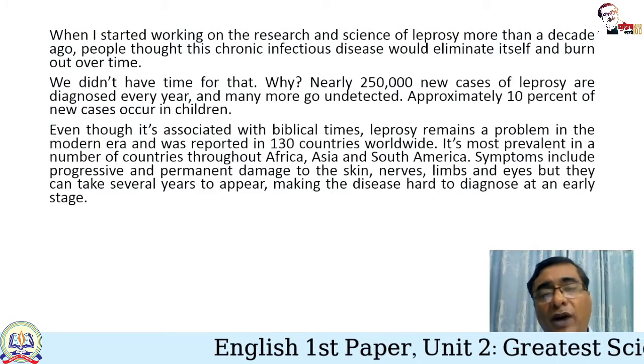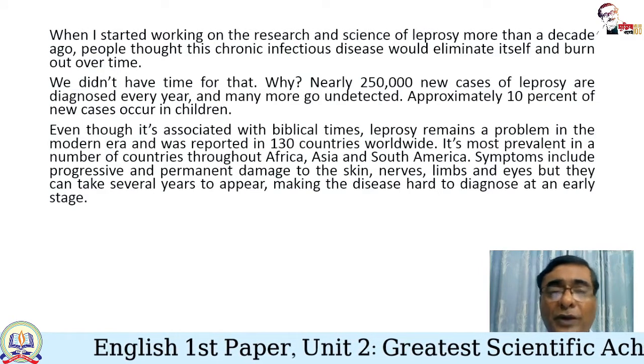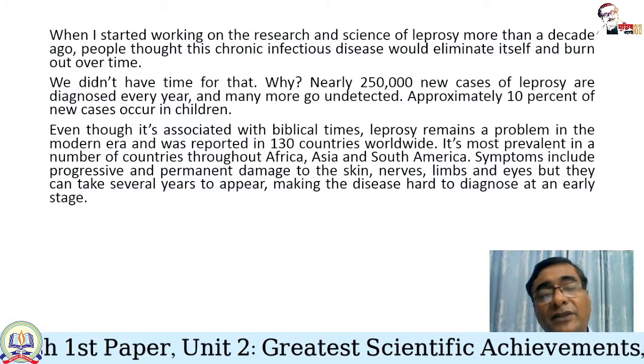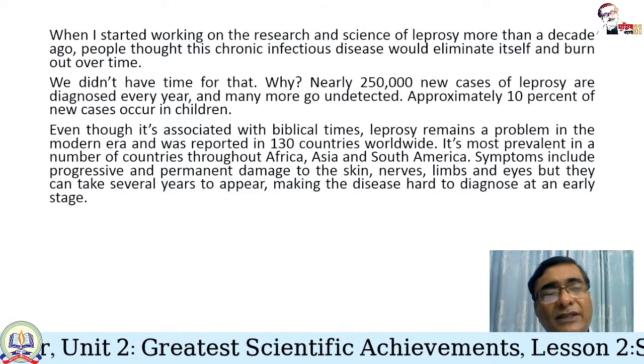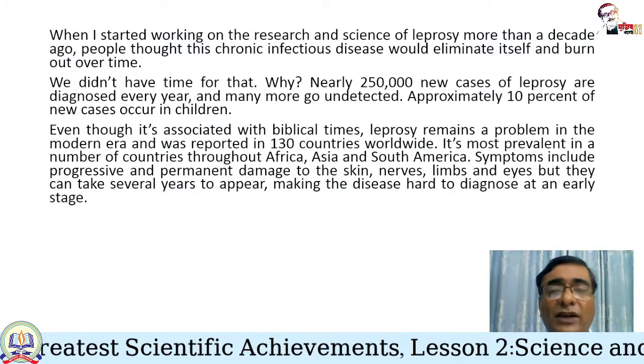And many more go undetected, and there were many people who went undetected. They didn't even have any idea that they were suffering from leprosy. Approximately 10% of new cases occur in children. So around 10% of cases occur in children.